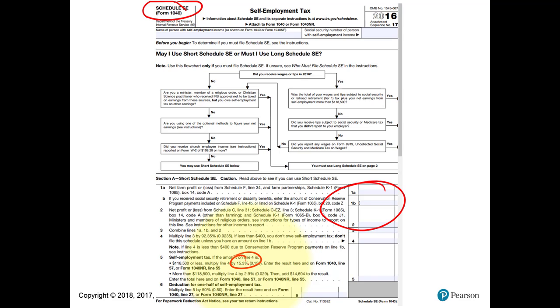Whereas if you're an employee, your Social Security taxes would be half of this rate. But here, the self-employed taxpayer, because they're not employees, pays the full 15.3%. And this is in addition to the income taxes we're trying to calculate on the 1040 form.